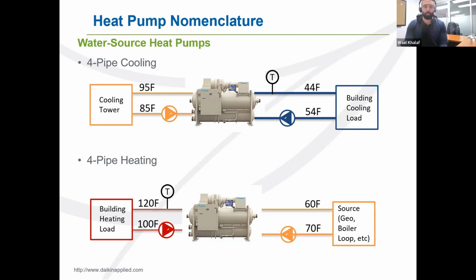So I can use this machine in one mode to control to my condenser loop, and at a different time of the day or month or year, I want to control to my chilled water temperature. So a machine exists where I can decide which set point I want to control my machine to. And that's what I call a water side reversible heat pump and not a refrigerant side reversible heat pump.